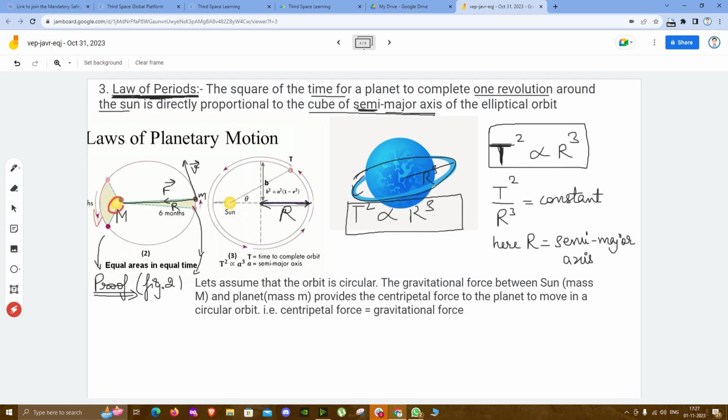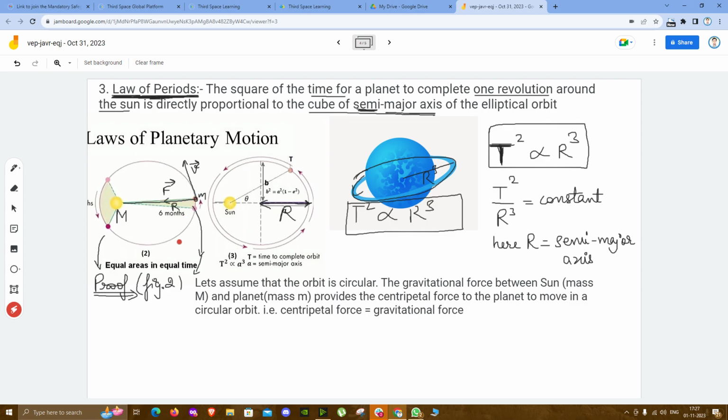If the centripetal force is gone, the planet will leave its orbit and go along a tangential path. It will go out of the orbit, but it's not happening because of the centripetal force. So in a way, that centripetal force is actually equal to the gravitational force of the sun on the Earth. It's actually equal to the gravitational force between them.